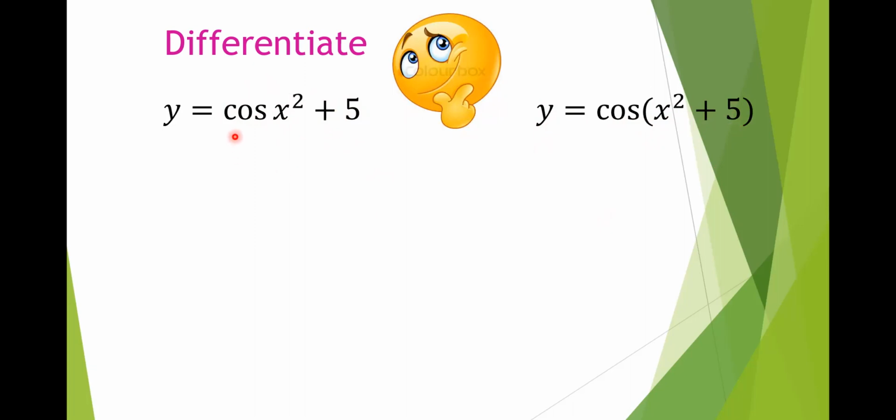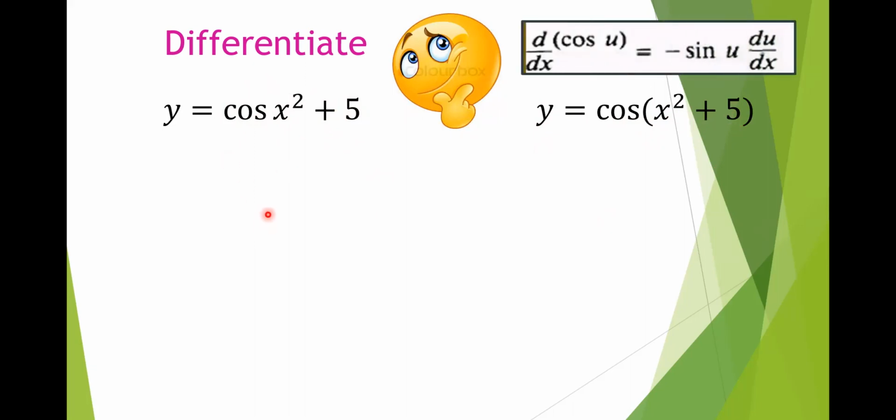So, for our first one, alalahanin natin yung formula natin for the derivative of cosine. Cosine u is negative sine of this u. So, negative sine of u, which is ganyan. Tapos, times your du dx or derivative of your u, which is 2x. Pwede rin bang negative 2x sine of x squared? Yes.